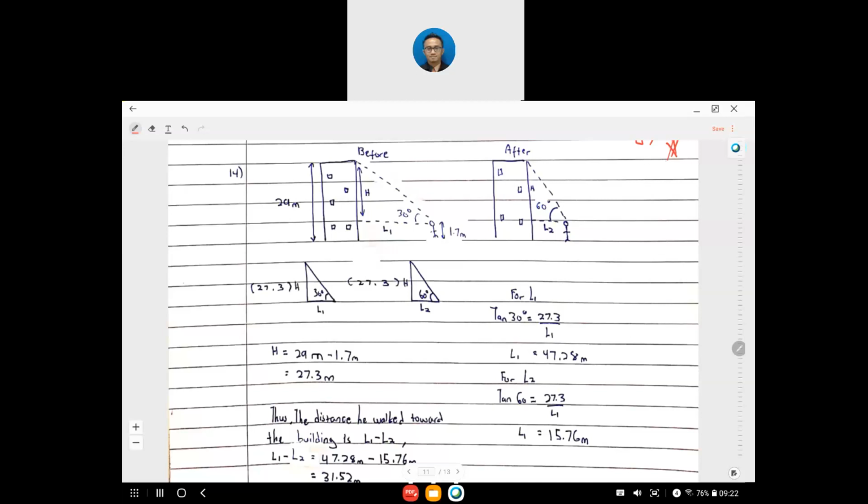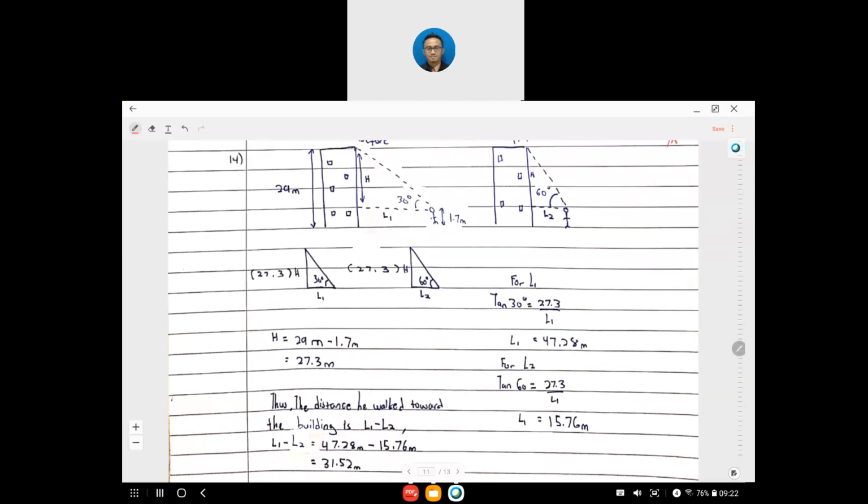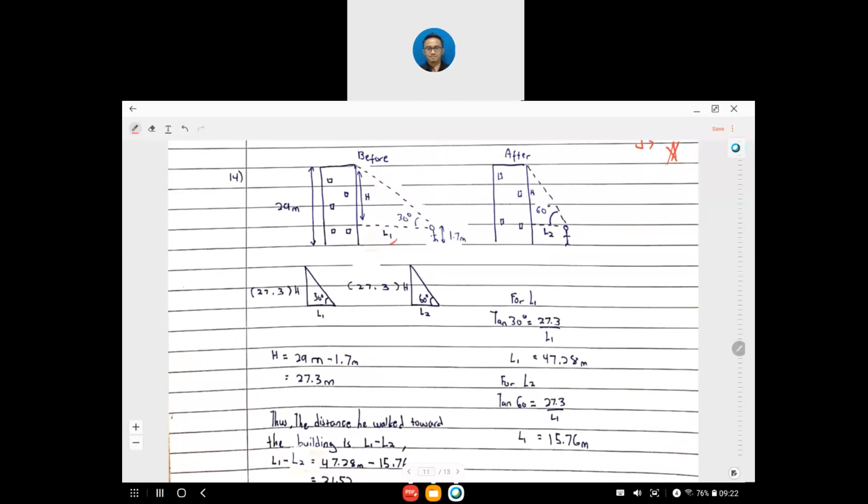Maksudnya dia menghampiri building lah. Find the distance he walk toward the building. Tu dia. So dia nak tahu the distance toward the building. So you put as L1 first 30 degree and then L2 60 degree. Find the distance he walked toward the building.